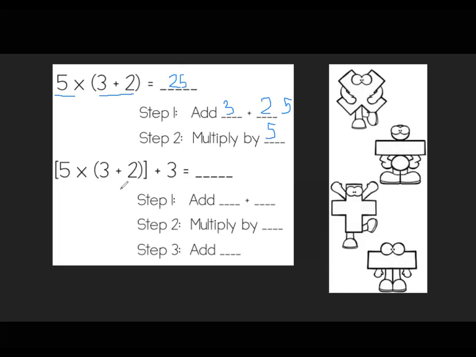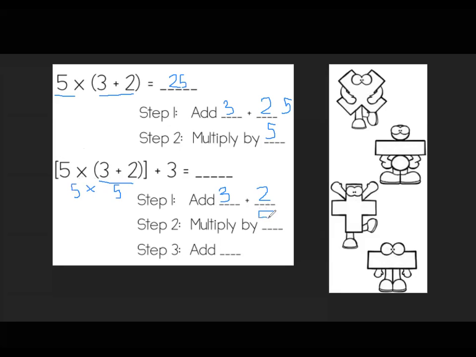In our next expression, we see parentheses and we see some brackets. So we're going to make sure we do the parentheses first. So we're going to add what's inside the parentheses. So we need to add 3 plus 2 first, and 3 plus 2 equals 5, just like we did before. Then we're going to work out what's within these brackets next, which is multiplying 5 times 5.